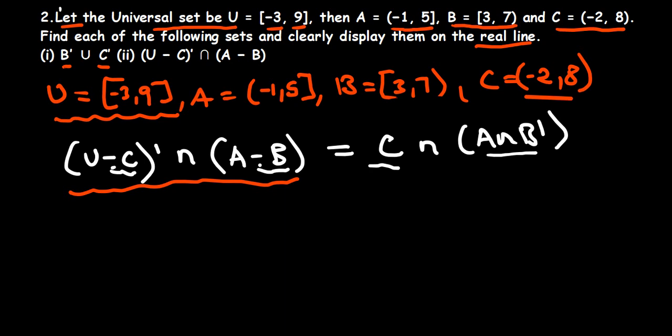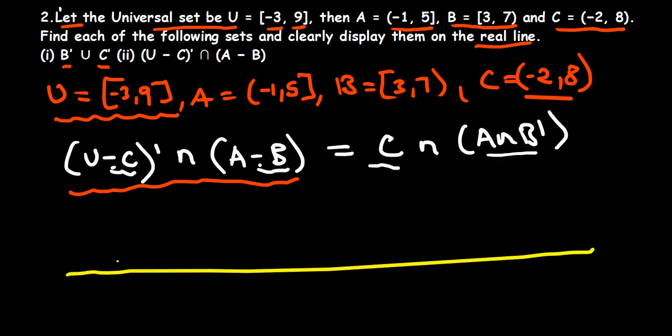So let's draw these sets now on the number line. So this is my number line. Remember our universal set is from -3, so I'm going to put -3 there. It's from -3 all the way to +9. Even this +9, make sure you shade it, because it's included.